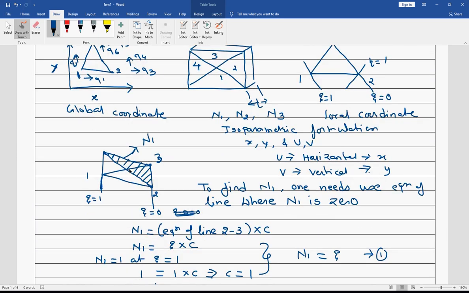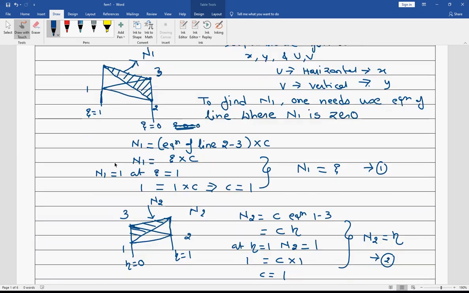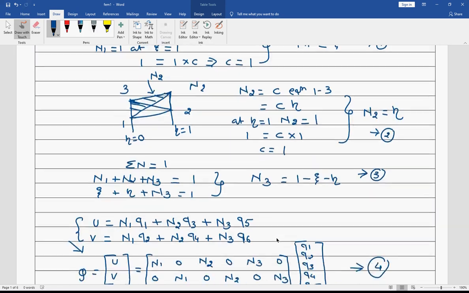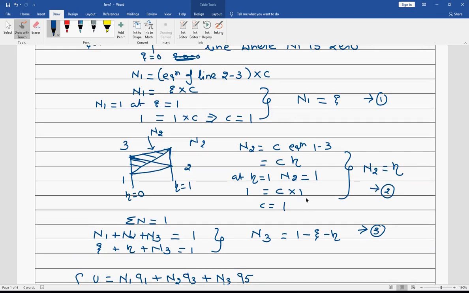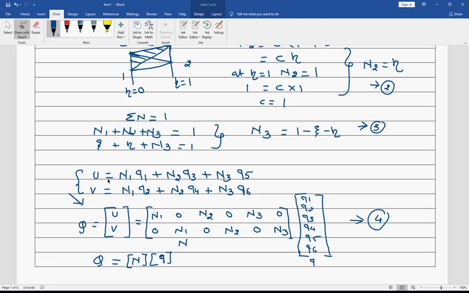So we started with the global coordinate system, starting by defining the shape functions. We wrote down what is n1, what is n2, and then what is n3. So n1 is xi, n2 is eta, and n3 is 1 minus xi minus eta.